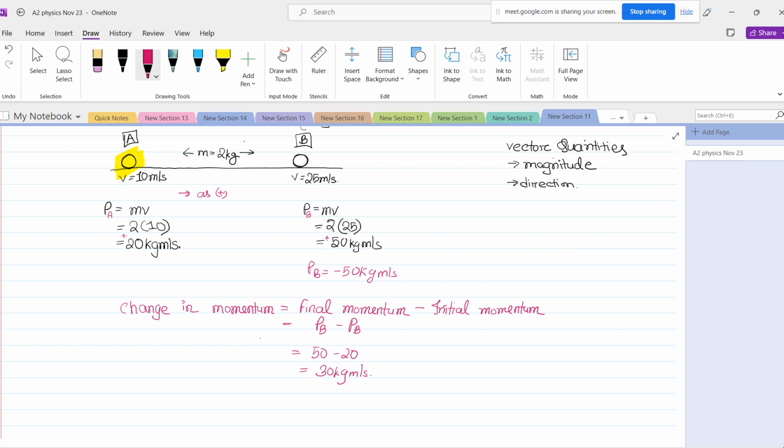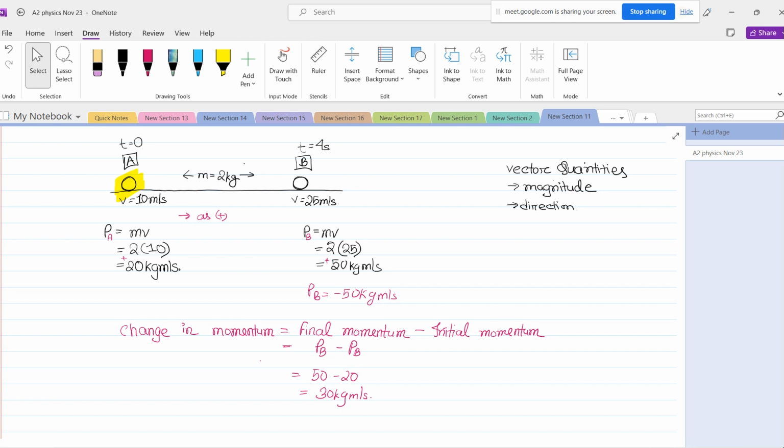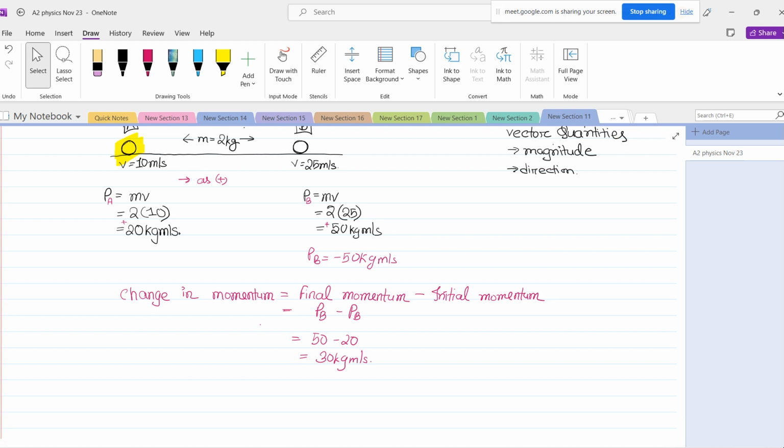Change in momentum doesn't have a different unit, it just has a different equation. Normal momentum is mass times velocity, and change in momentum is final momentum minus initial momentum. The units are the same for both formulas, and the concept is again the same.